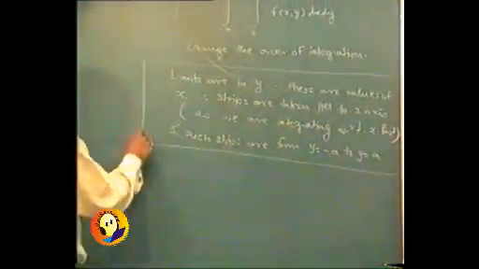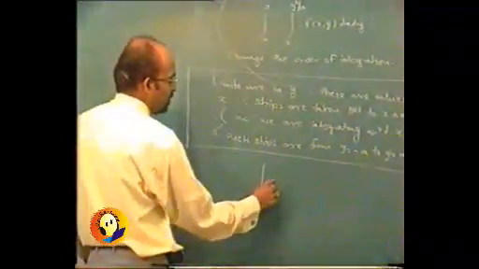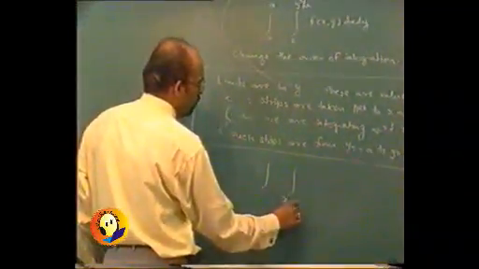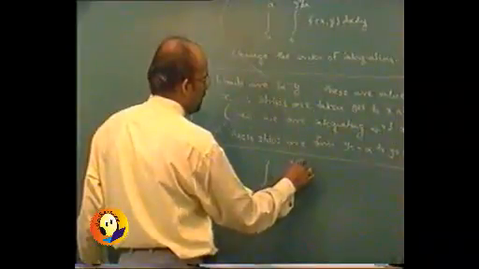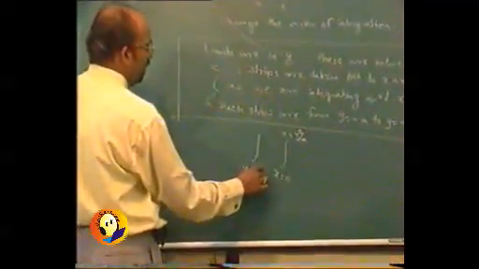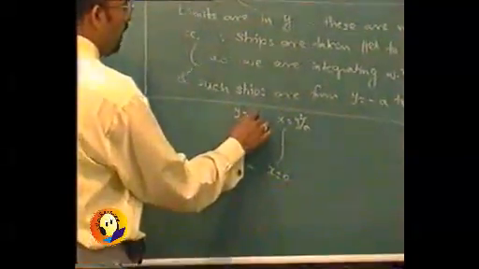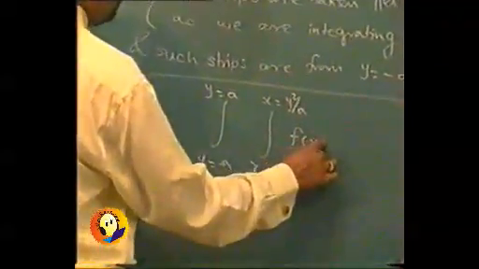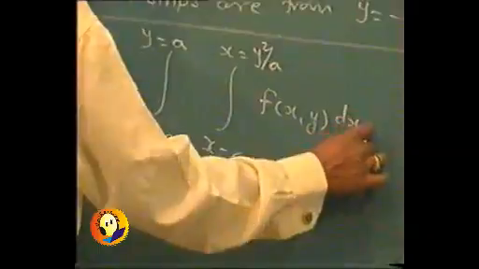So the given integral can now be written as the integral x equal to 0 to x equal to y square upon a, and y equal to minus a to y equal to plus a, some function f of x comma y, dx dy.